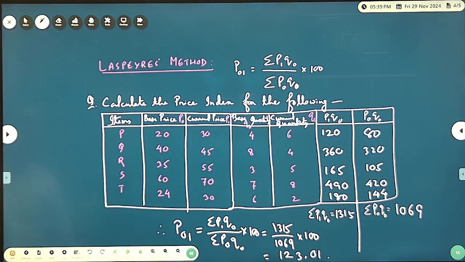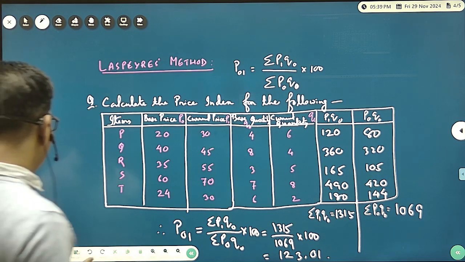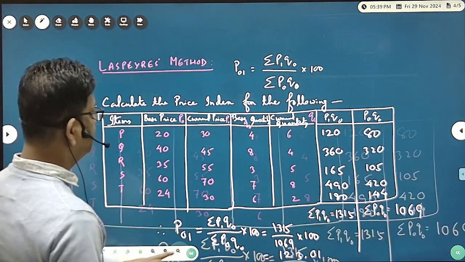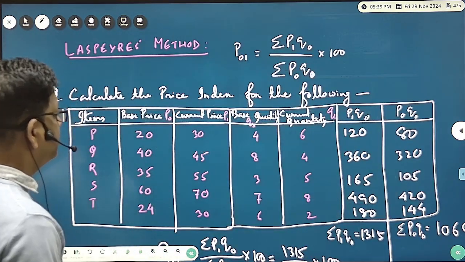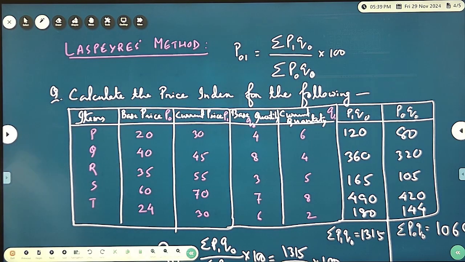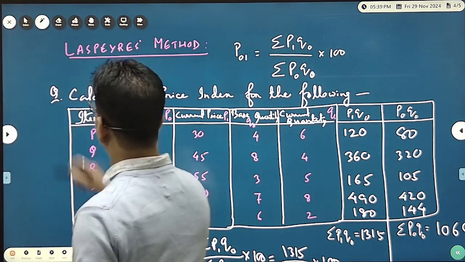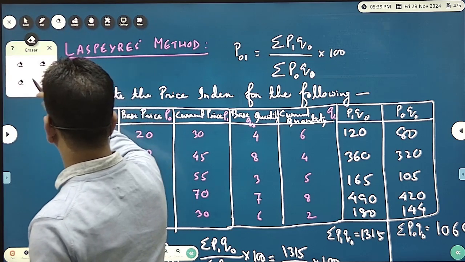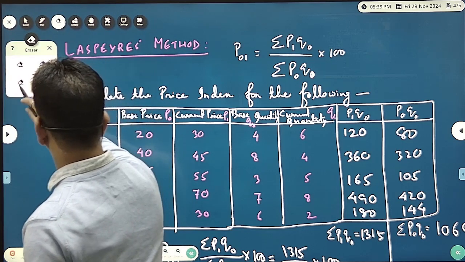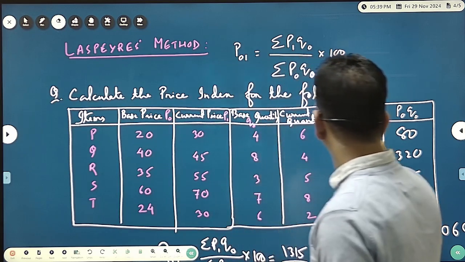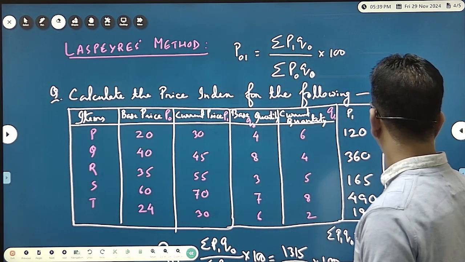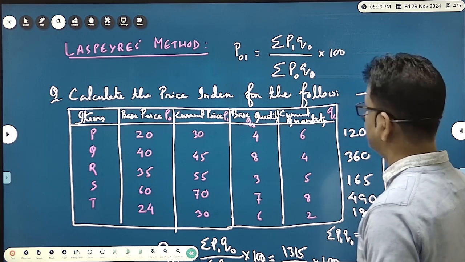So what I am going to do is just edit here itself. Suppose this question now we are going to solve, because it is almost the same thing. The question is: calculate the price index for this. Let us not complete everything, I am just trying to make you understand. Just 1 minute. So these numbers will be changing here. Yes or no? Sorry, just a minute.